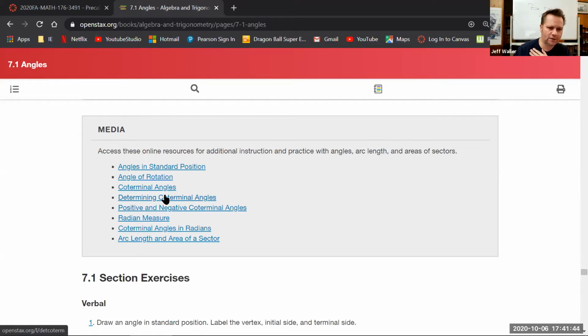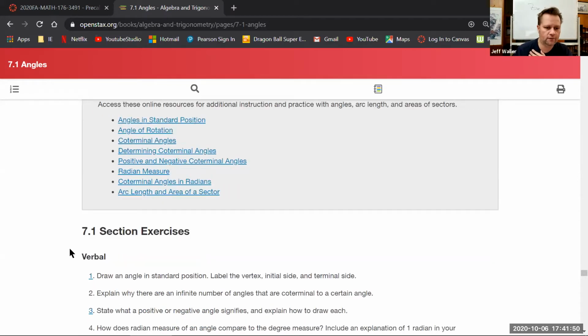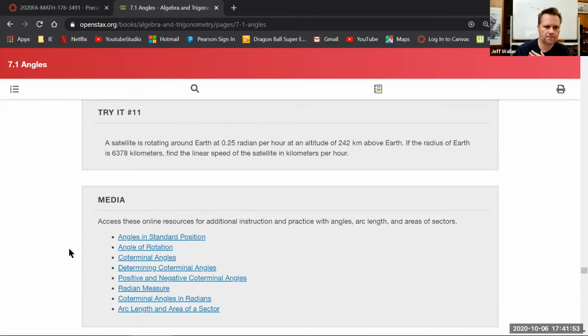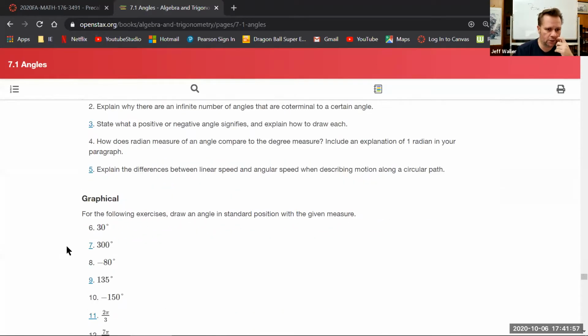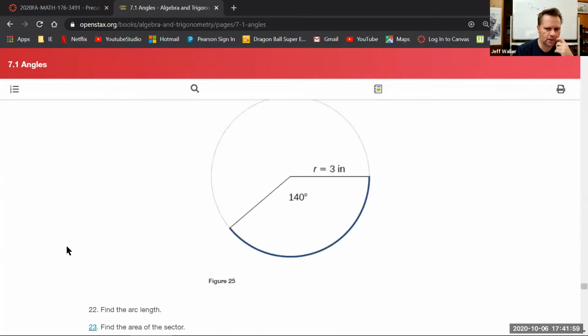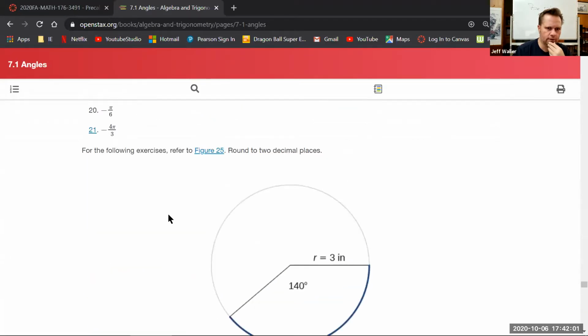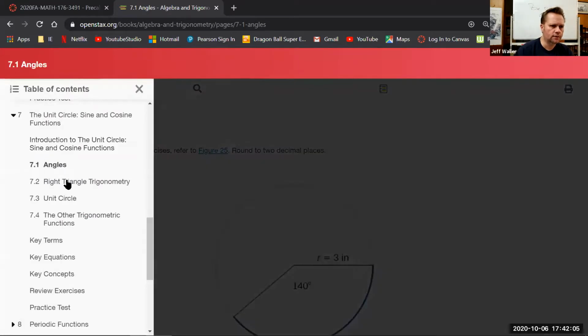I haven't had a chance to even look at them yet, so I have no idea about the quality of these things, but they are there if you want to take a look. I'm not going to go through the whole homework and look at it so you guys can get into that.